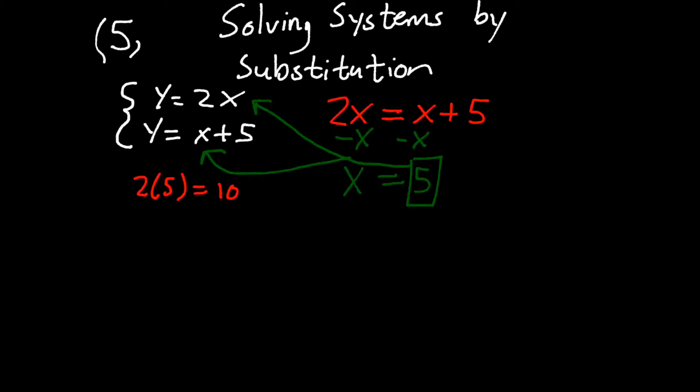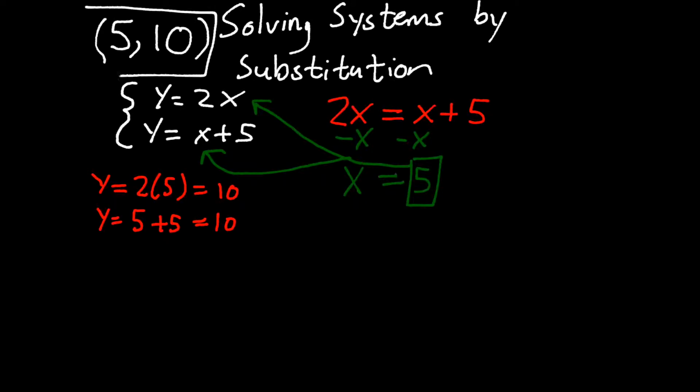If I put it into the bottom, I would have 5 plus 5, which is also 10. And that's the value for y, because both of those are y equals, so our y equals 10. Our solution then is the coordinate 5, 10.